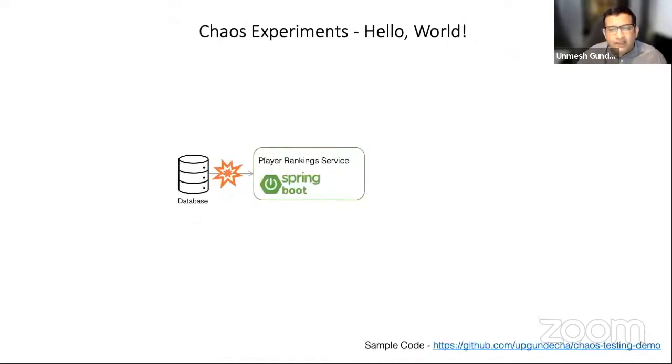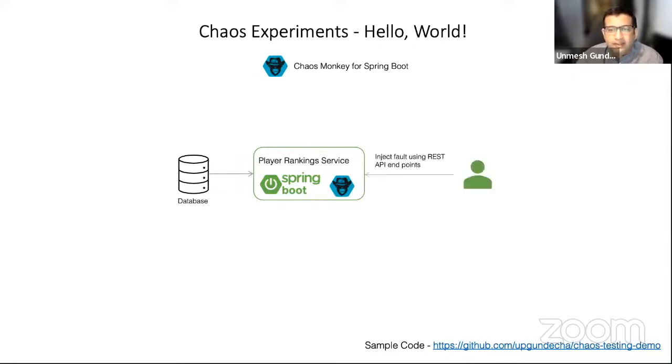Now, this is a Spring Boot service. I call it player ranking service. So what we are going to do is use Chaos Monkey and put it into Spring Boot. With Chaos Monkey, we can control this particular service and inject a fault where the database connection will be blasted.